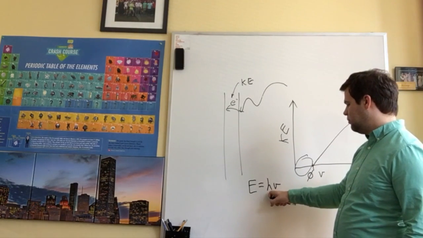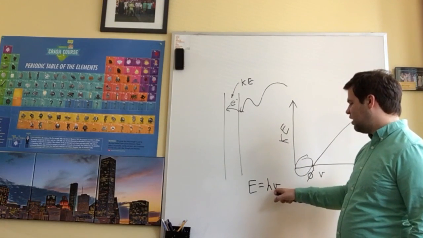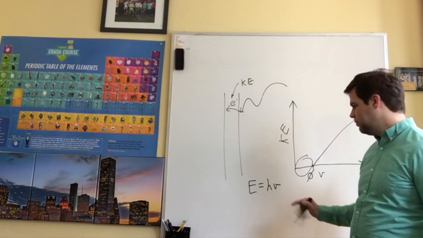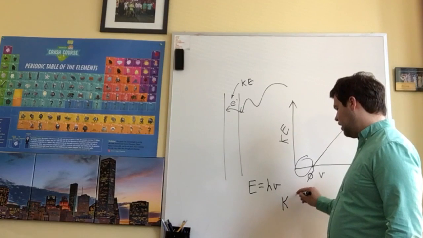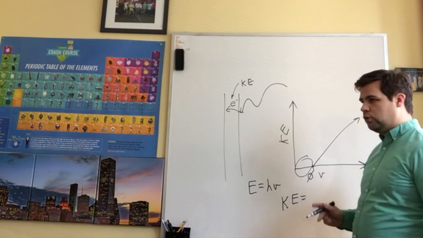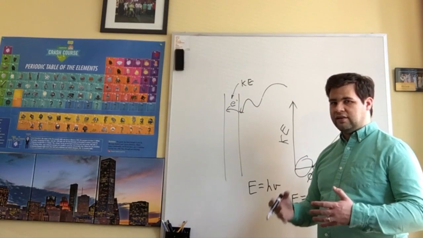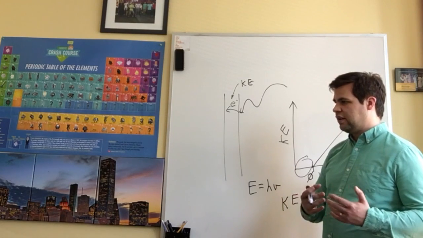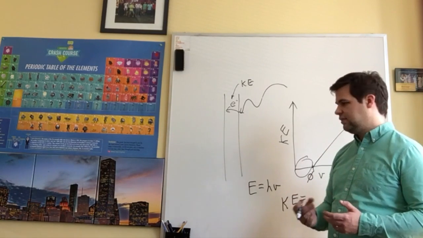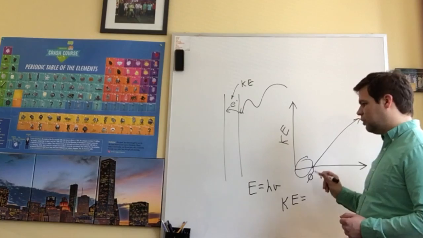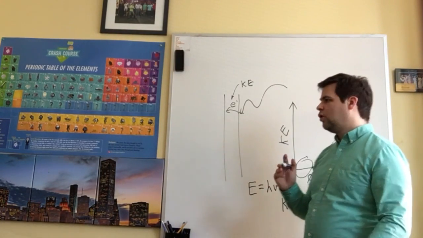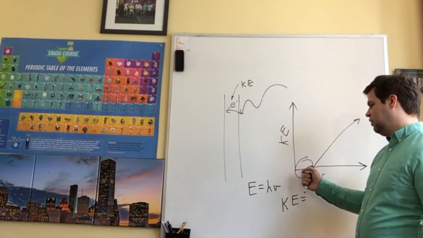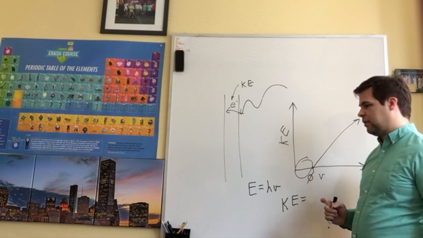So h times nu is the energy, and if you think of the kinetic energy as whatever is left over, basically the light's energy goes into one of two places. It either goes towards making the kinetic energy larger, or it goes towards ejecting the electron in the first place.